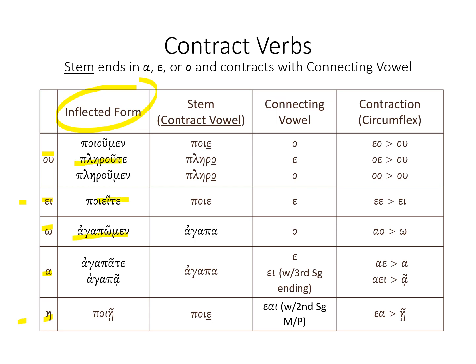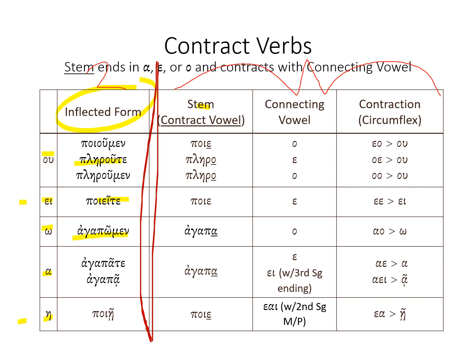And we need to know what the lexical form is so that we can understand what the meaning is. To get to the lexical form, we need to get to the stem. So in some ways, it's good to think about a hard line here between this second column over and the rest of these columns. These columns in our chart show us how we get here.